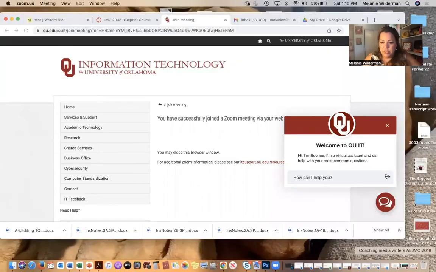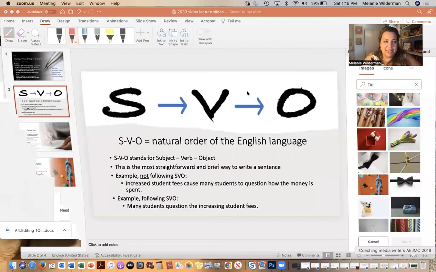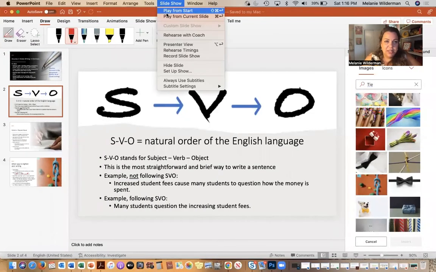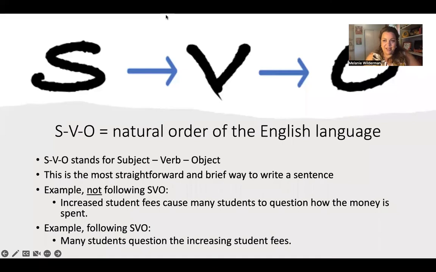Okay, let me share my screen and pull up some slides that will hopefully give you a little more advice on how to make your writing more brief.